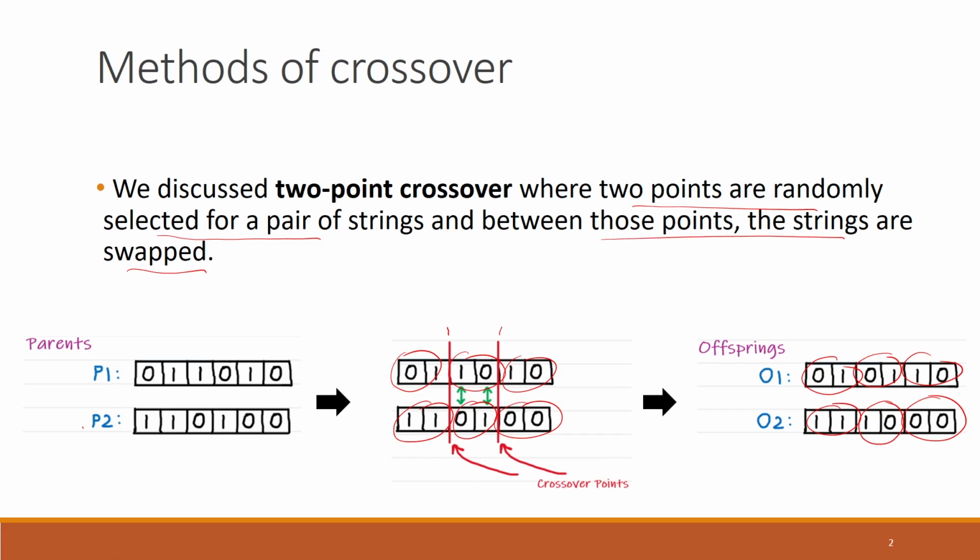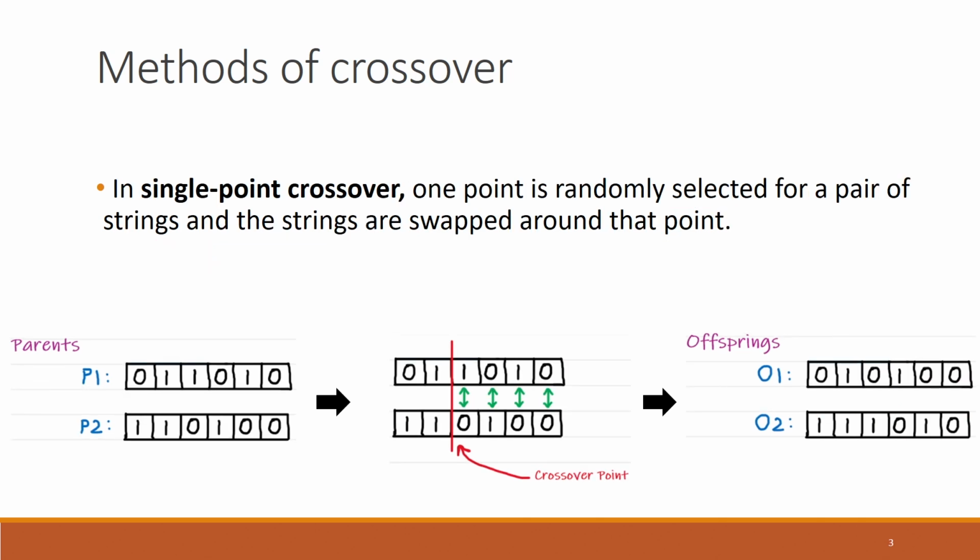Now you can think that there can be variations of different crossover methods. For example, if you just do crossover around 1 point, it is called 1-point crossover or single point crossover. Here 1 point is randomly selected for a pair of strings, and the strings are swapped around that point. Suppose we randomly select this point.